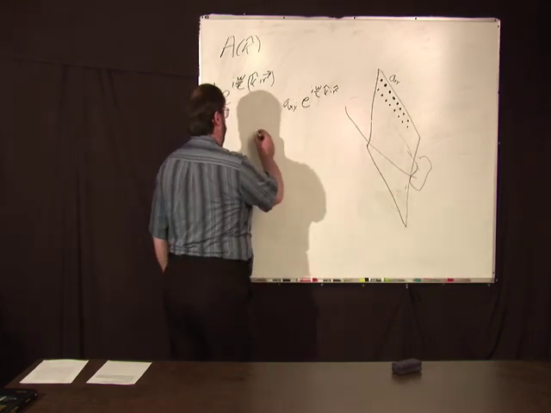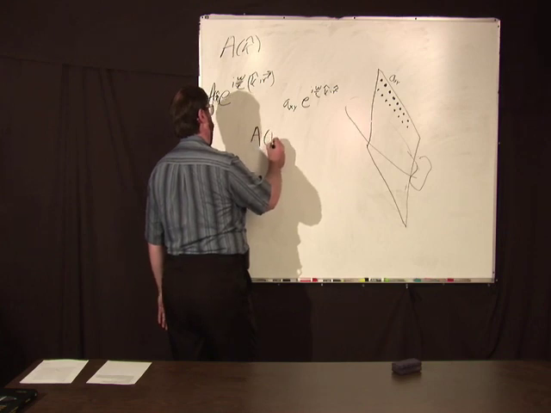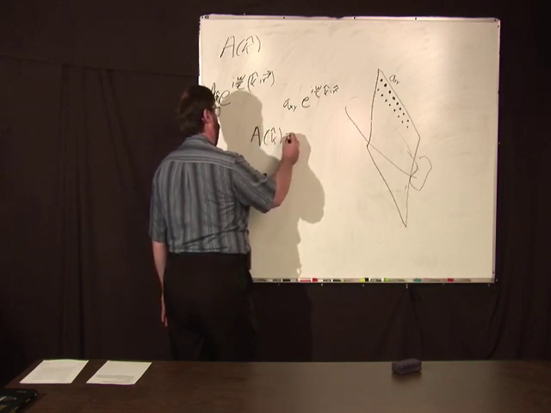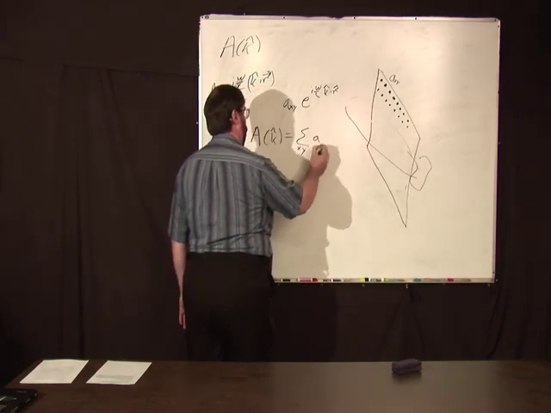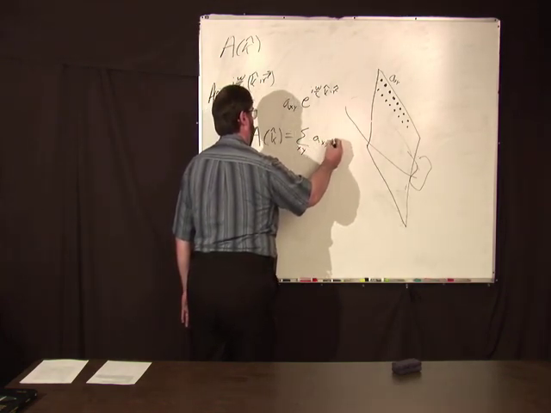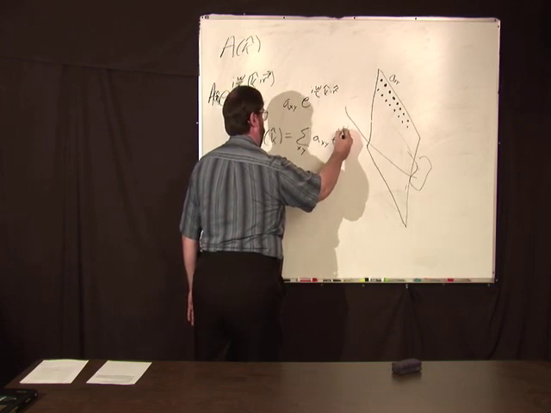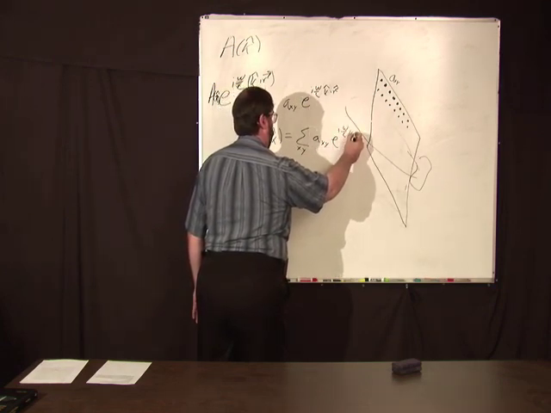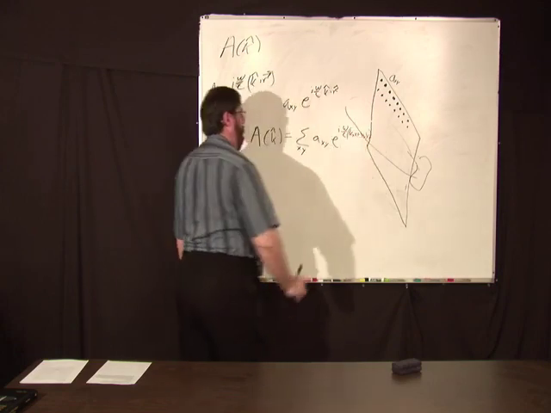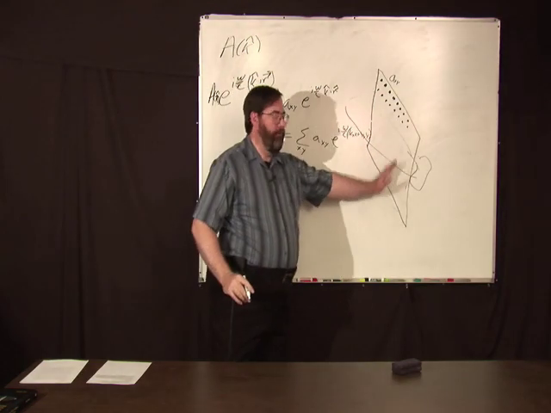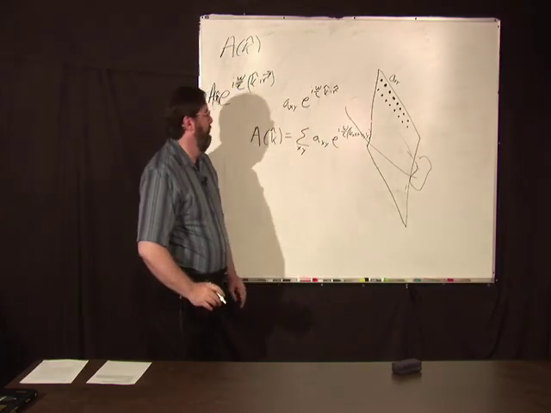So the general A of k is going to be the sum over x,y of A(x,y) e to the i omega over c (k_x x plus k_y y). There's no k_z because we're going to set this plane at z equals 0.